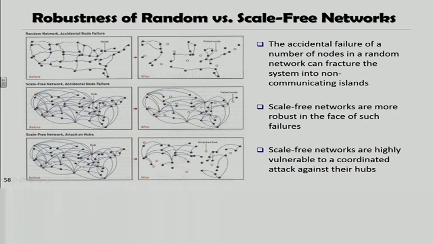Because you knock down this hub, there are many things you will not be able to access anymore. When people study robustness, they ask whether, when something goes down, things still run. They found that the scale-free network is very good if you destroy anything but a hub. But if you destroy a hub, you will have a very big impact. That's one.